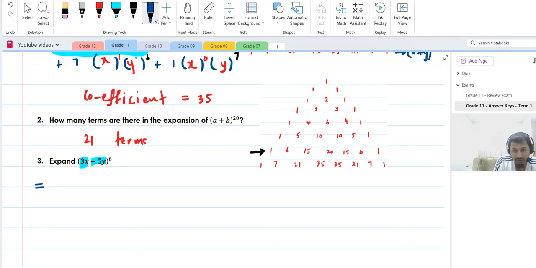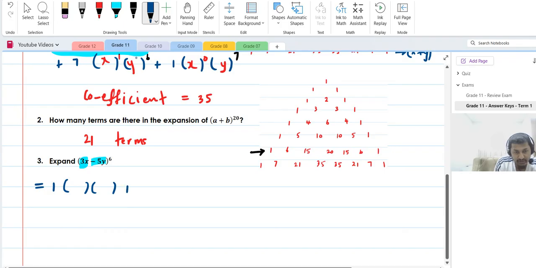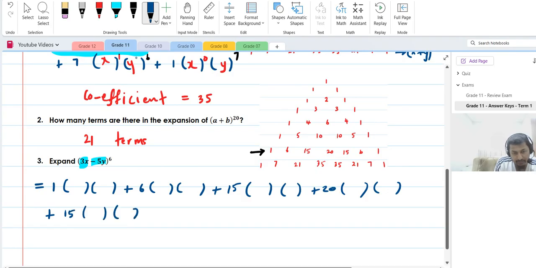So how do we expand? We write 1 bracket bracket plus 6 bracket bracket plus 15 bracket bracket plus 20 bracket bracket plus 15 bracket bracket plus 6 bracket bracket plus 1 bracket bracket.